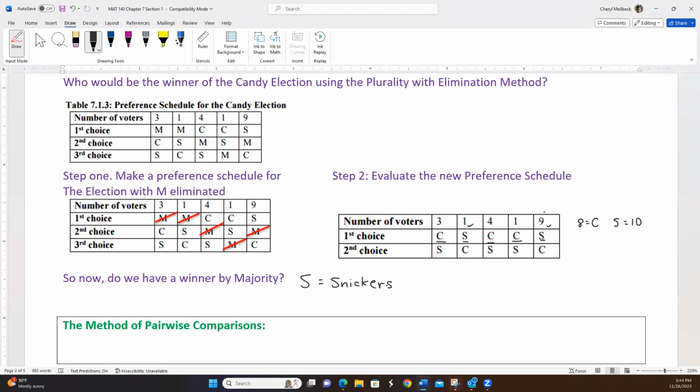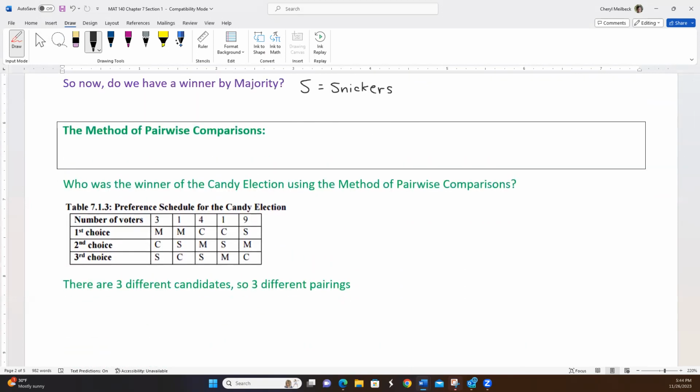All right, the last method that we're going to look at for counting votes is called the method of pairwise comparison. Let's get this down. The method of pairwise comparisons is where we compare each candidate to each of the other candidates in one-on-one matchups.